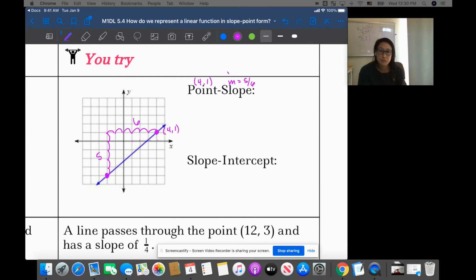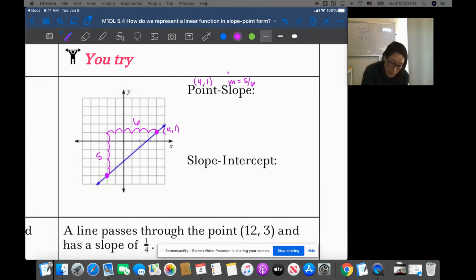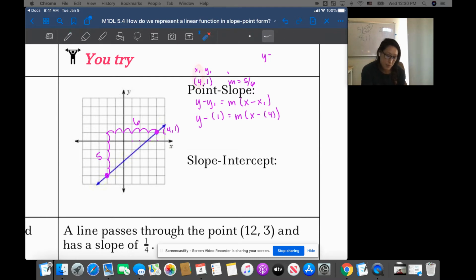5 over 6. Okay, so slope point form says y minus y1 is equal to the slope times x minus x1. So I have y minus y1 is 1, a positive 1. So y minus 1 is equal to the slope times x minus 4. That would be this value right here, 4.